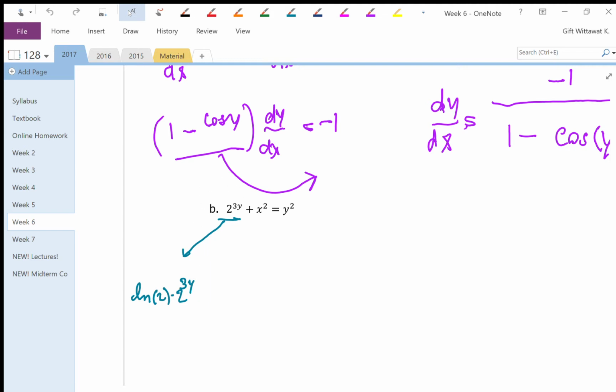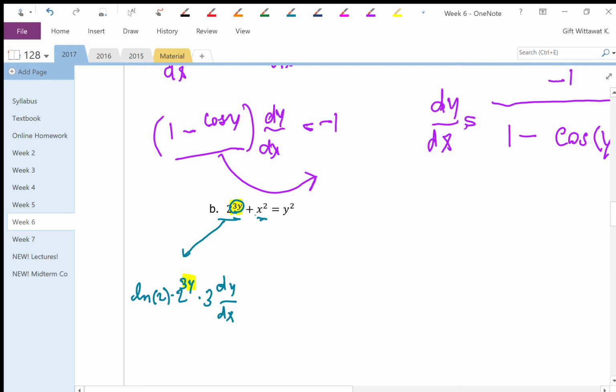However, because the exponent is 3y, when I use the chain rule I need to multiply by the derivative of my inside function, which is 3y. The derivative of 3y is 3 dy dx. So again, the dy dx comes along, and the 3 comes from the derivative of 3y. So that's the derivative of my first term.